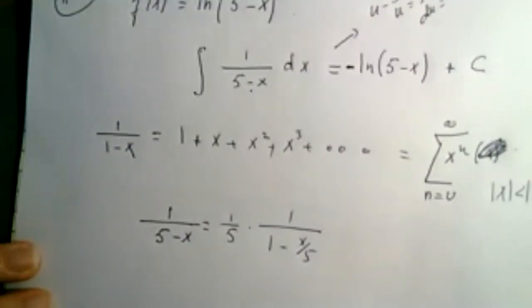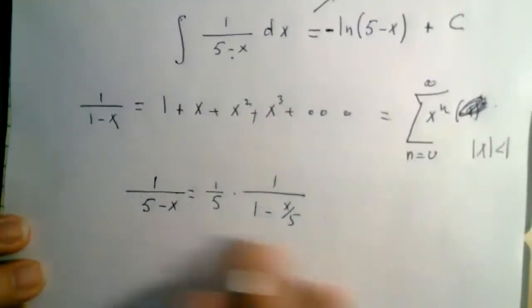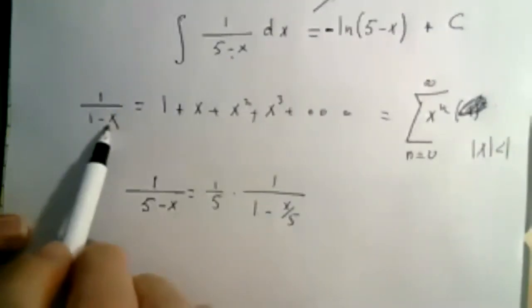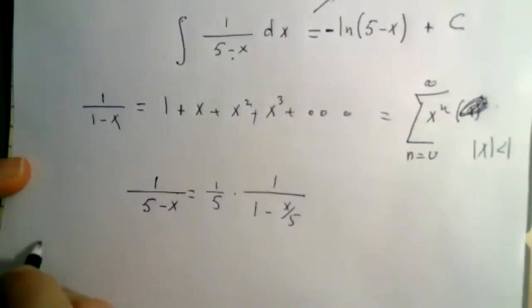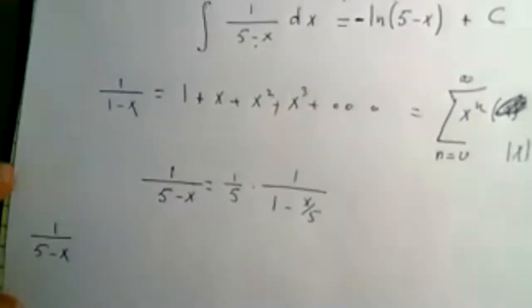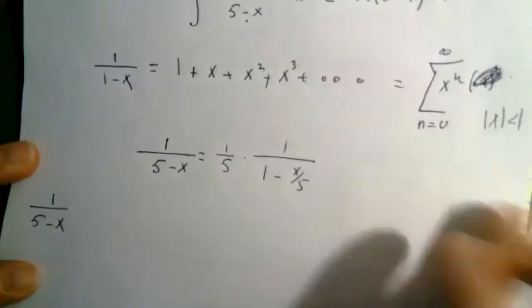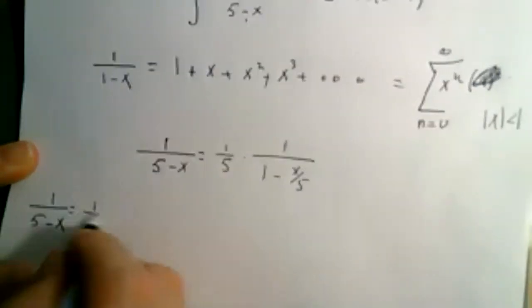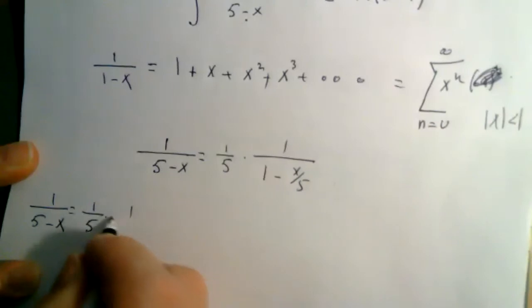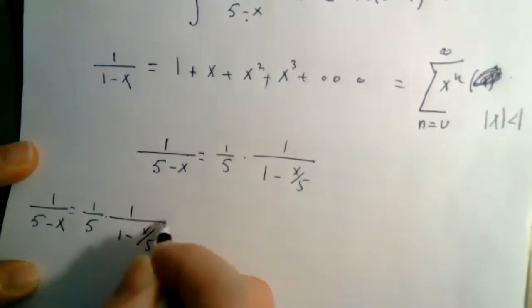Thanks, Lori. All right, I have to rewrite it because I need to relate it to my original. By doing this, I know the power series of 1 over 5 minus x, which is equal to 1 over 5 times 1 minus x over 5.